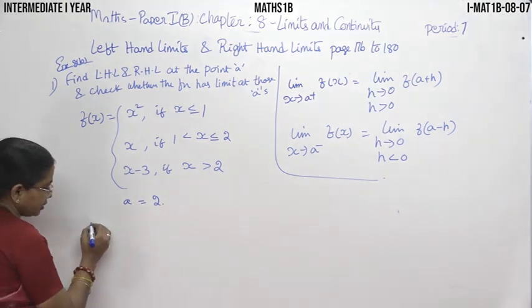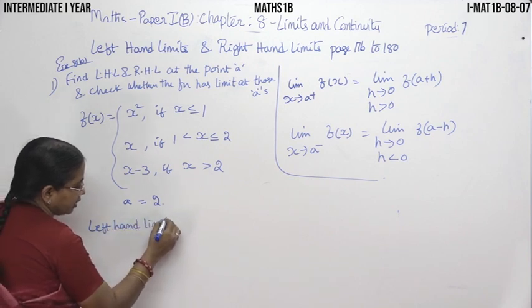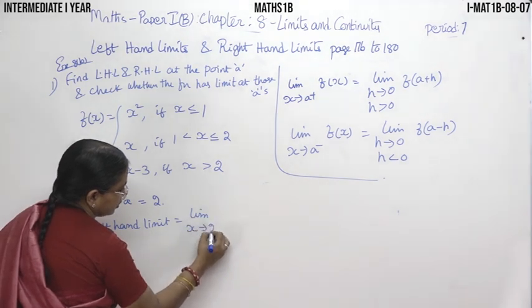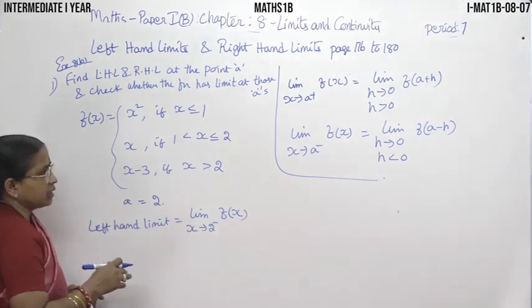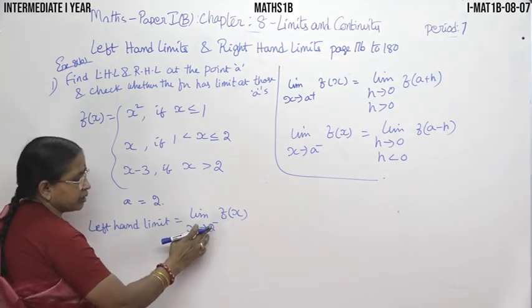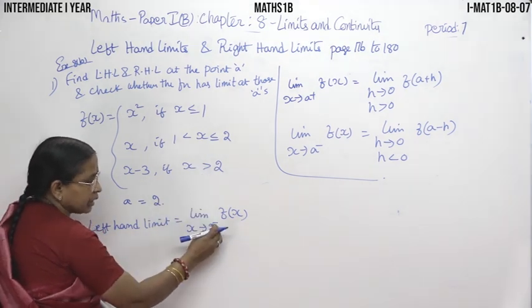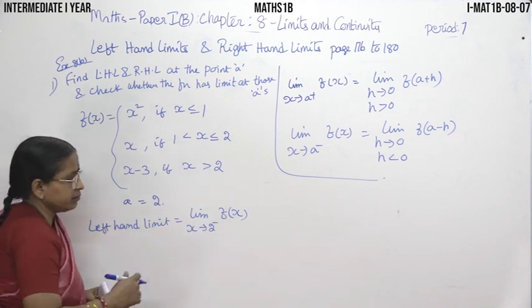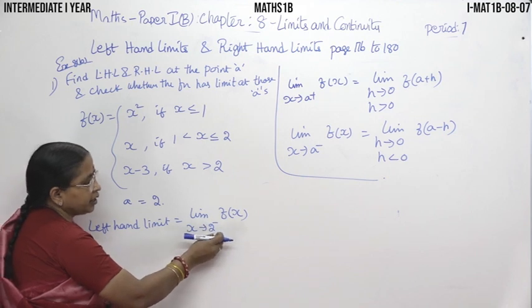What we do is write the left hand limit. What is the left hand limit? Limit x tending to 2 minus of f of x. 2 minus means values less than 2 but nearer to 2. X tending to 2 minus means it takes values less than 2 but very near to 2.